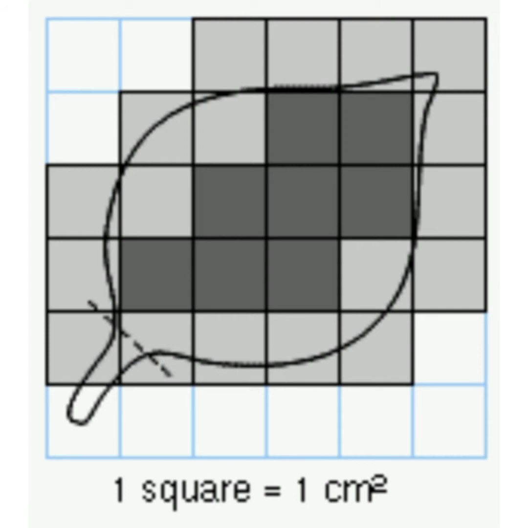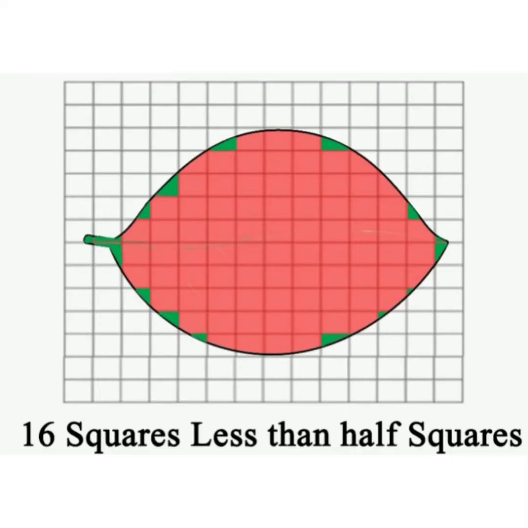Count the number of complete squares and count the number of incomplete squares that are more than half inside the shape. No need to count the squares that are less than half within the outline.